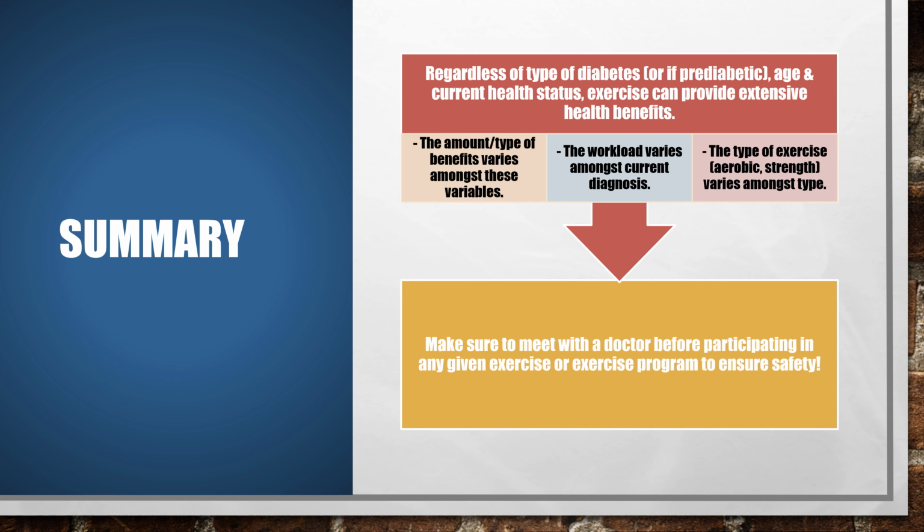The workload varies amongst current diagnosis, whether you're type 1, type 2, or gestational. The type of exercise, whether that's aerobic, strength, resistance, varies amongst the type of diagnosis you have. But at the end of the day, you want to make sure you are medically cleared with a doctor before participating in any given exercise or exercise program to ensure your overall safety.